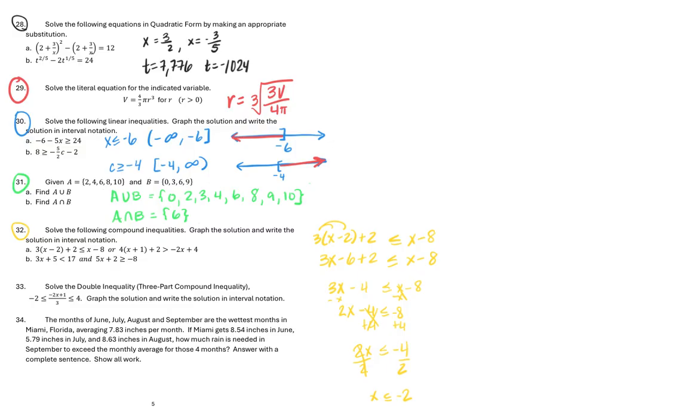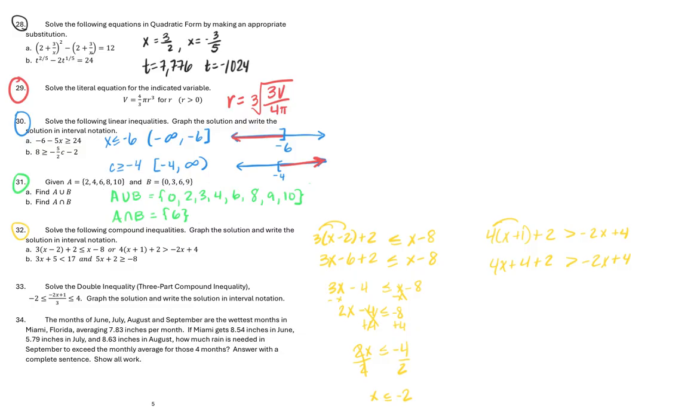But we also have an OR statement, which means that's our second one. So OR is one of the solutions. So then we'll have 4 times x plus 1 plus 2 greater than negative 2x plus 4. So we're going to distribute out here and have 4x plus 4 plus 2 is greater than negative 2x plus 4.